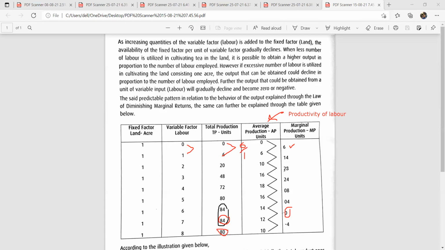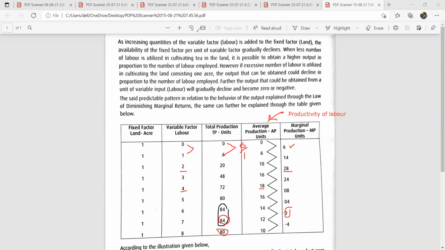Marginal production is maximized when the second worker is employed, and average production is maximized when the fourth worker is employed.